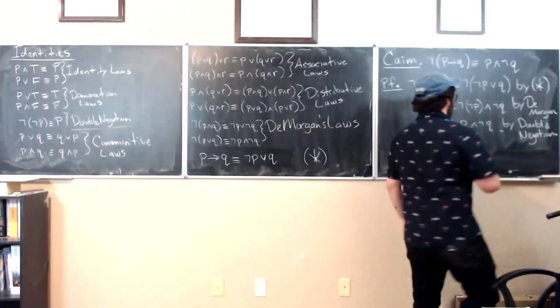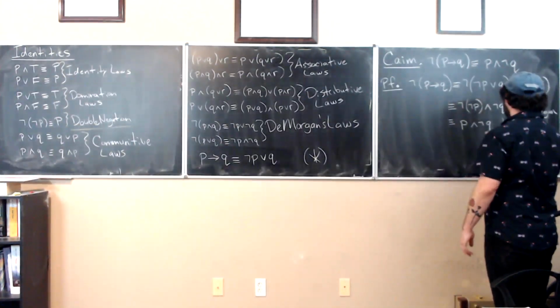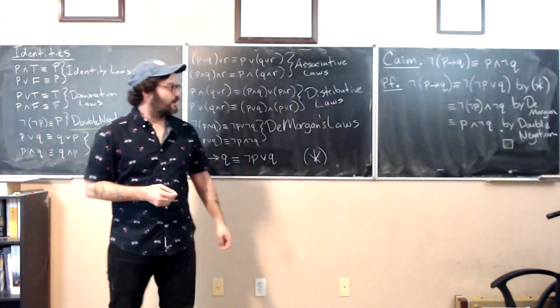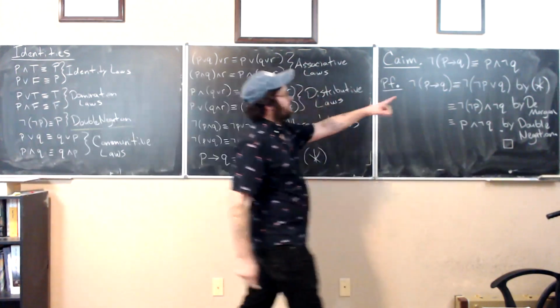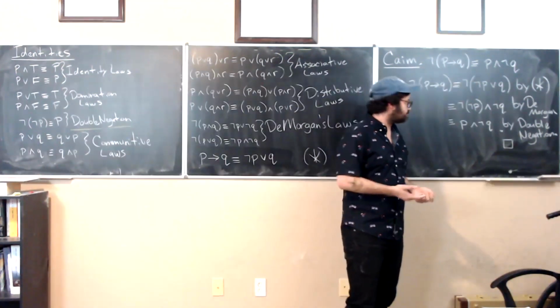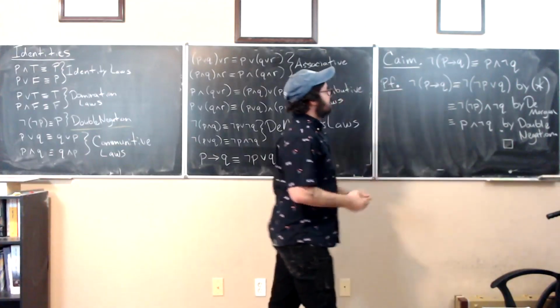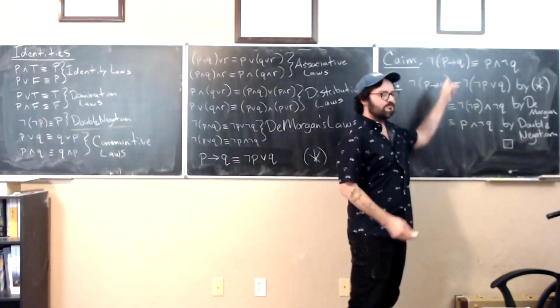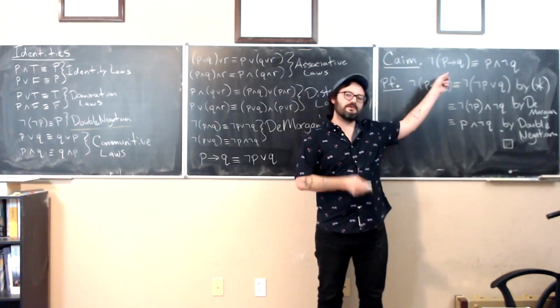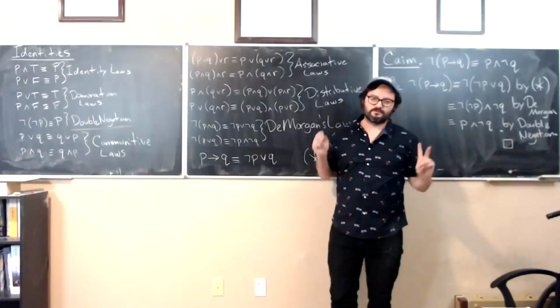We're done. Put a little QED box right there, and we can move on. This is true. We've proven it to be true. Again, this will be important when we get to proving mathematical statements later. So in your notes, maybe underline that and just remember that it's a thing.